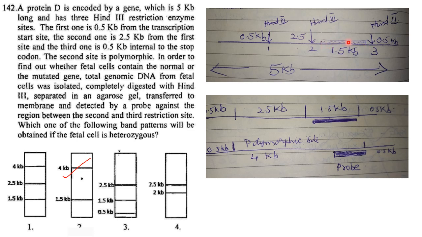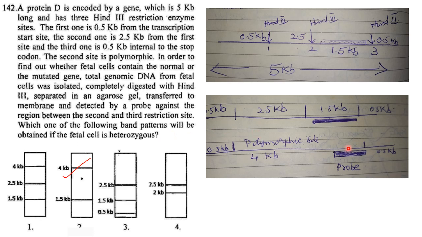This is the probe region between second and third sites. This region is 1.5 kb. Then, which of the following band patterns will be obtained if the fetal cell is heterozygous?